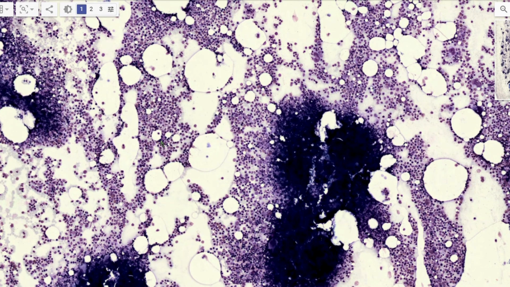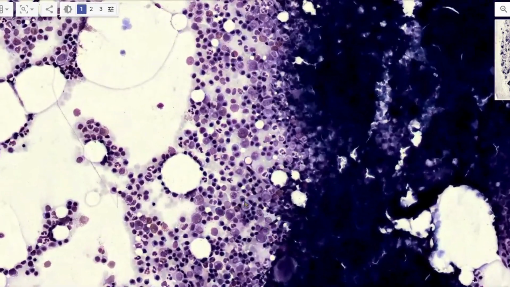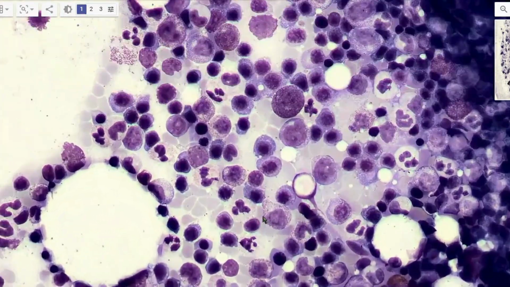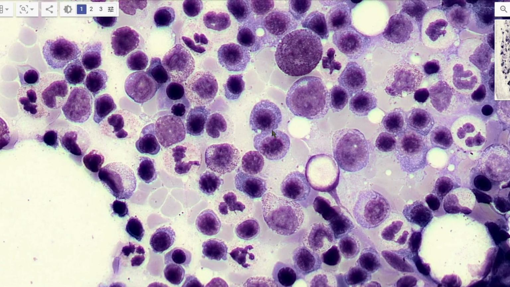There's the trilineage maturation. You can see granulocytes in different stages of maturation. You can also see megakaryocytes. You can see erythroblastic maturation.